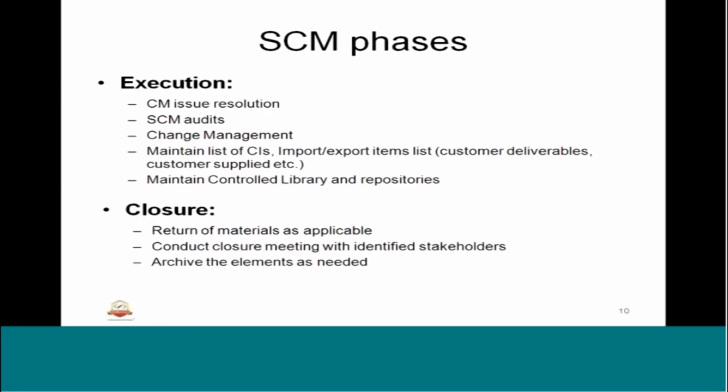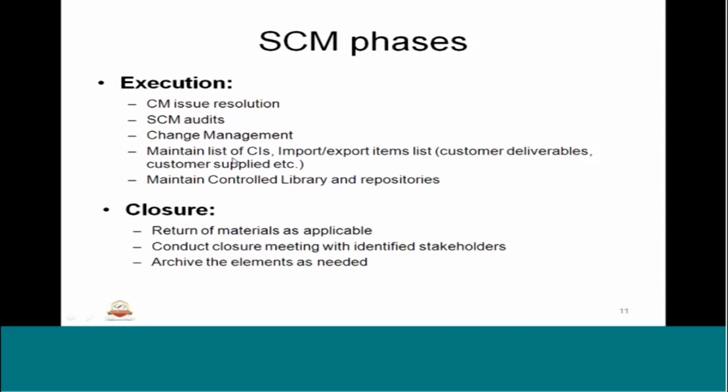The next two SCM phases are execution and closure. In execution, what we do is resolve any configuration management issue. SCM audits are also part of the SCM execution. Change management is also part of execution.